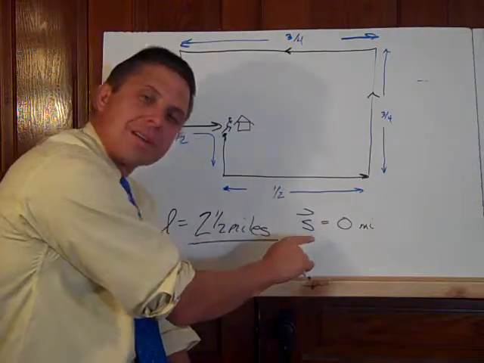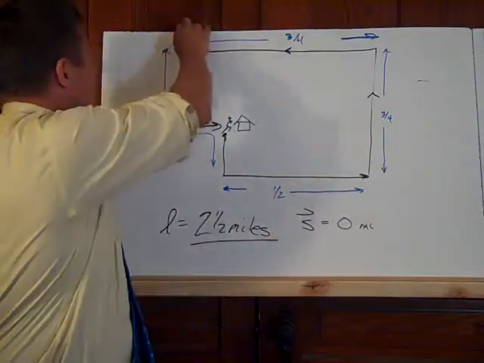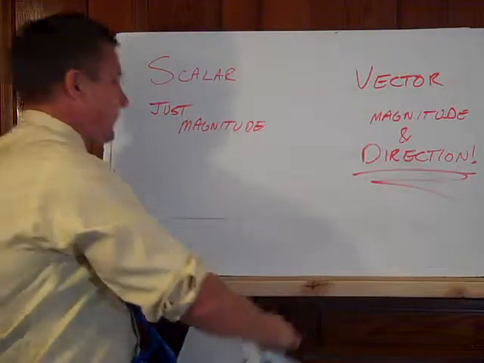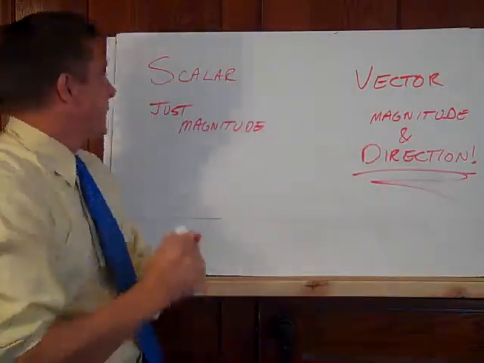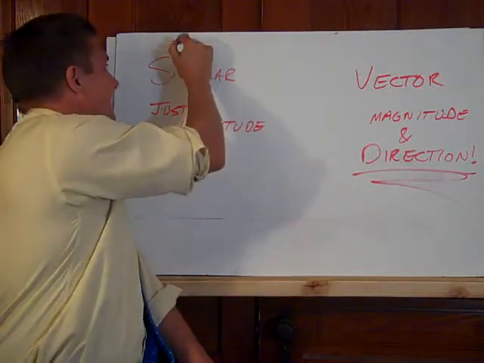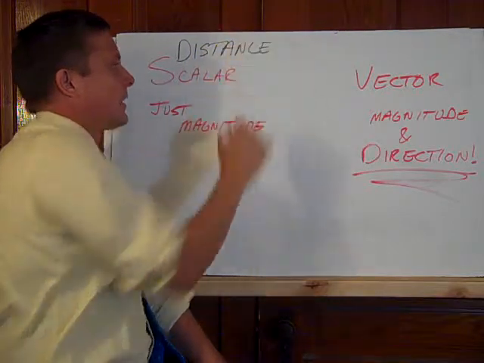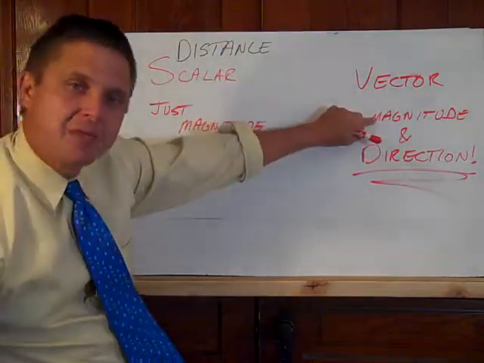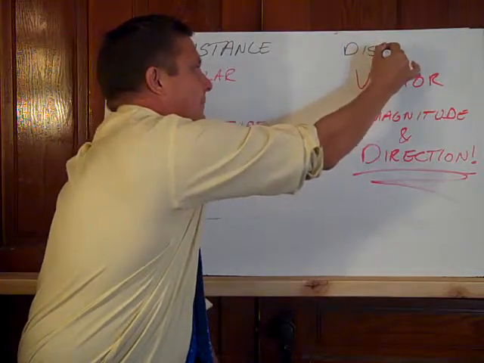A displacement is how far you actually go. And it's important to realize that a scalar quantity, just a number, just a magnitude, that is distance. And a vector is magnitude and direction. That is displacement.